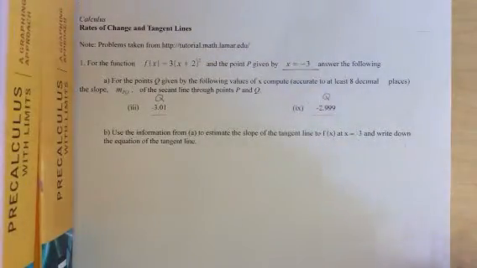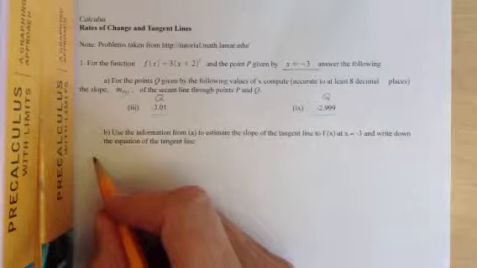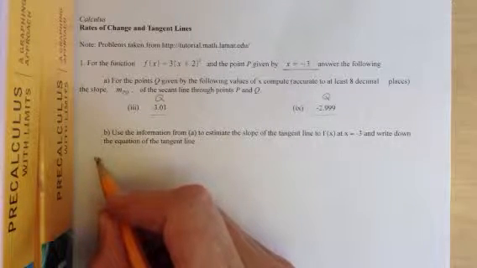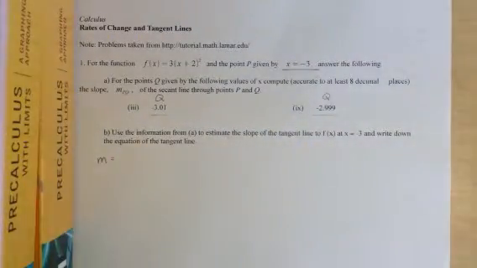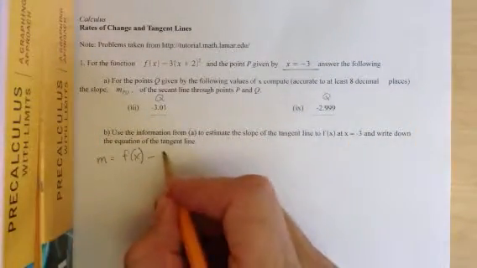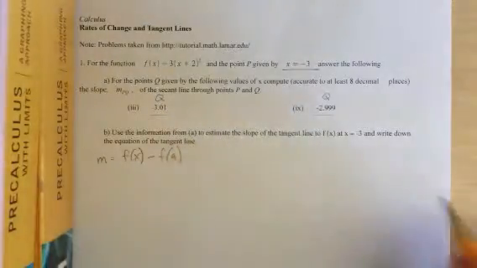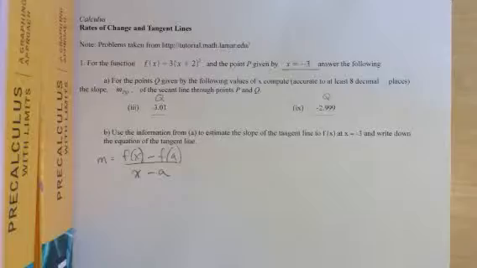So to figure out the slope, you're looking at the rate of change, or the slope of the secant line, which is simply equal to the y value of the function minus the other y value. So it's the change in y over the change in x.